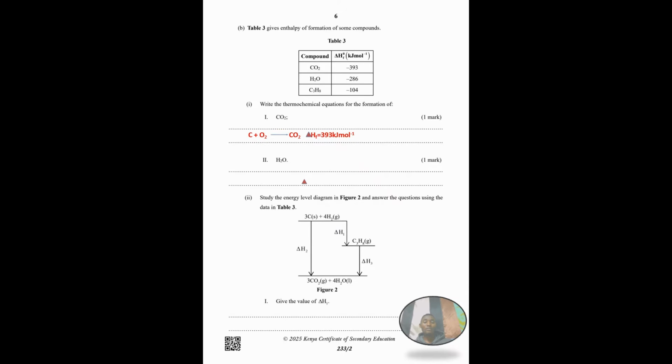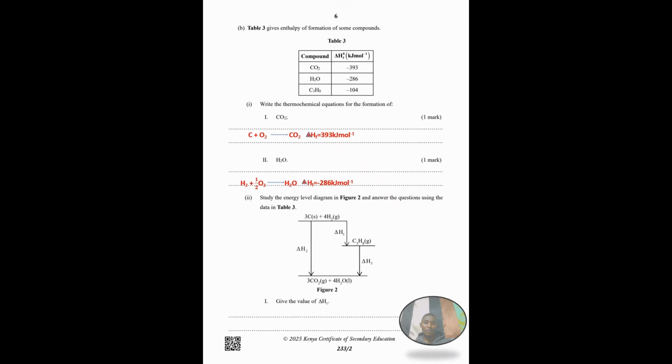Then we have water. For us to form water, we need hydrogen gas and oxygen gas that must lead to formation of 1 mole of water. So in this case, we have one hydrogen molecule, then oxygen, because we must maintain the 1 mole of water here.